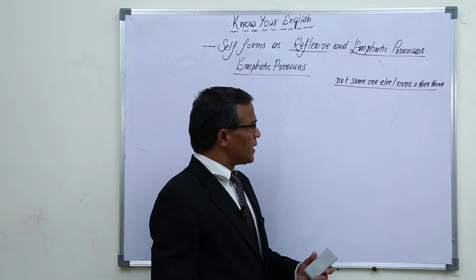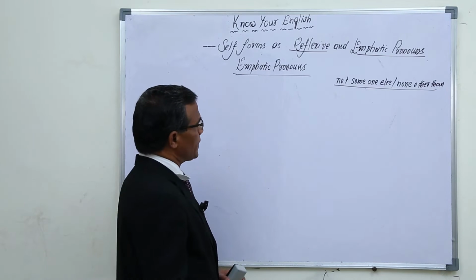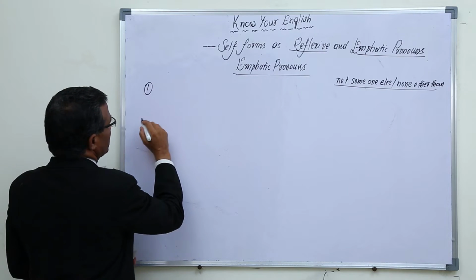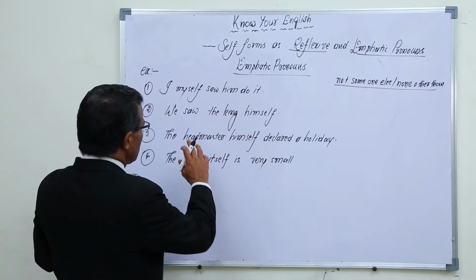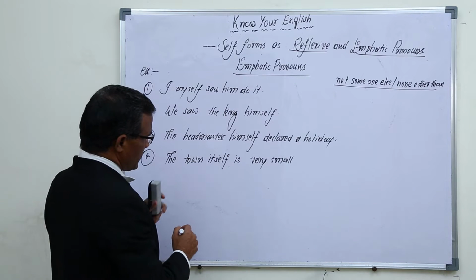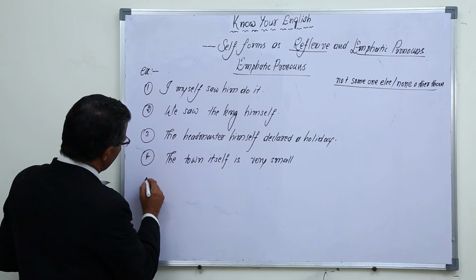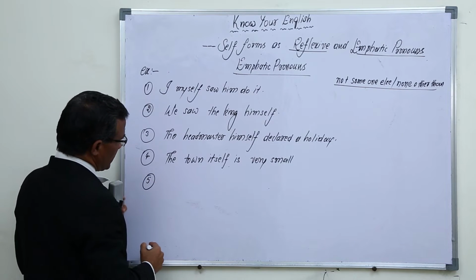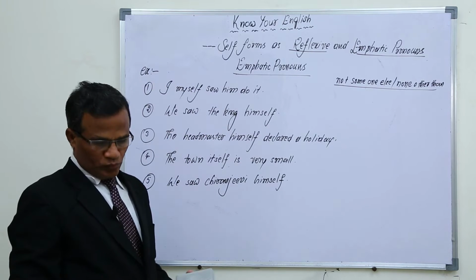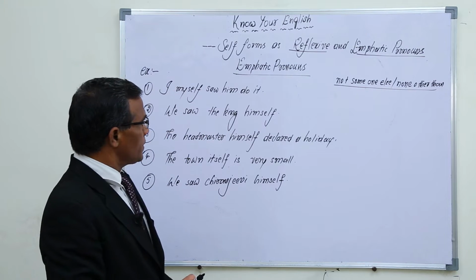Now let me give examples and after that I will explain. I myself saw him do it. We saw the king himself. The headmaster himself declared a holiday. The town itself is very small. And I can take one more example also. Now let me explain this one.